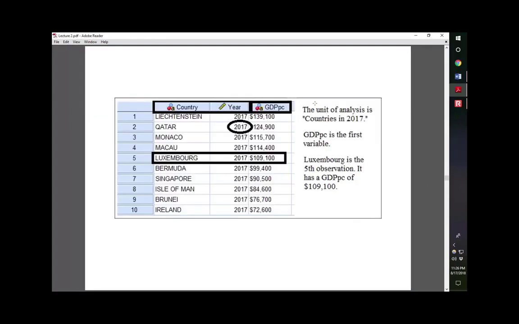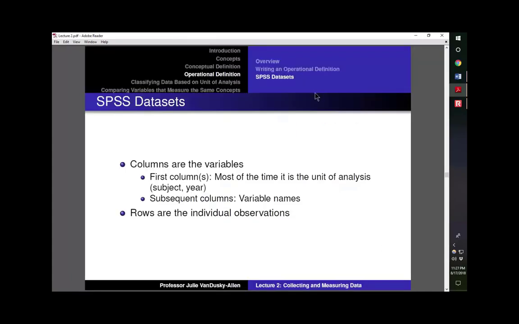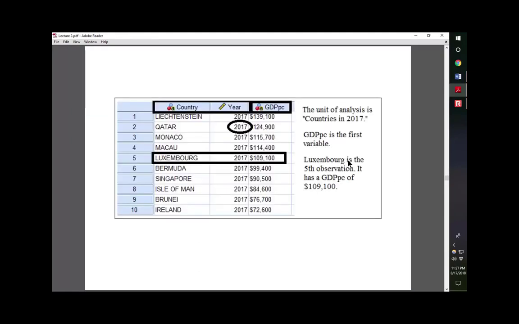So the first variable in this data set, substantive variable, is GDP per capita. Next, the rows are where you enter in the data for the individual observations. So for observation 5, the country is Luxembourg, the year is 2017, and the value for GDP per capita is $109,100.